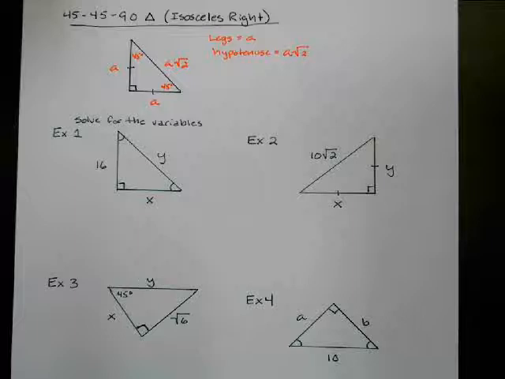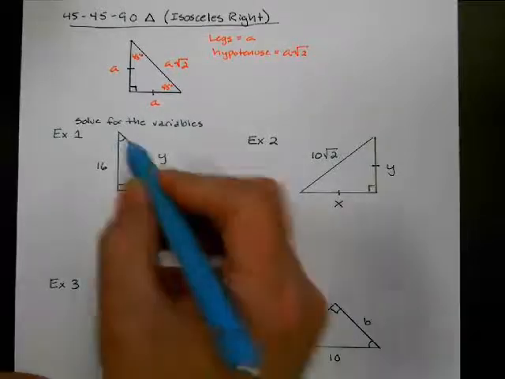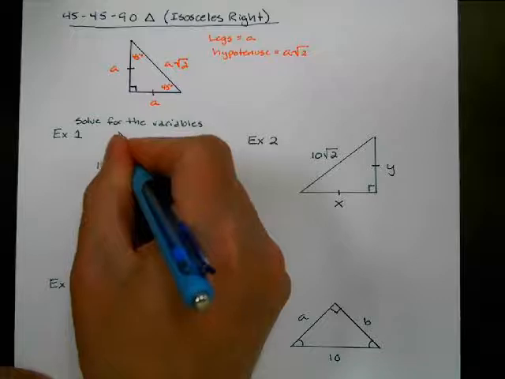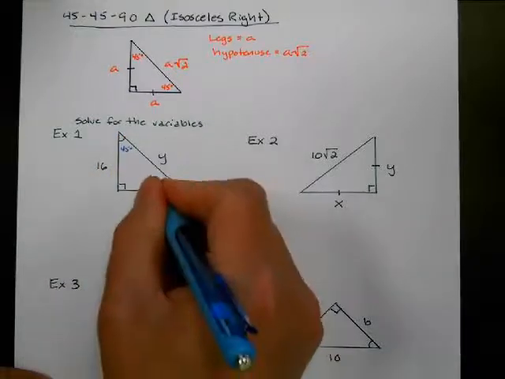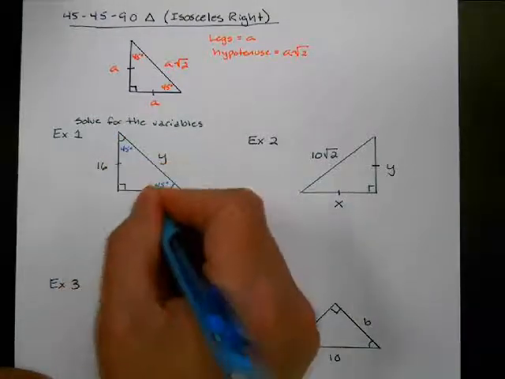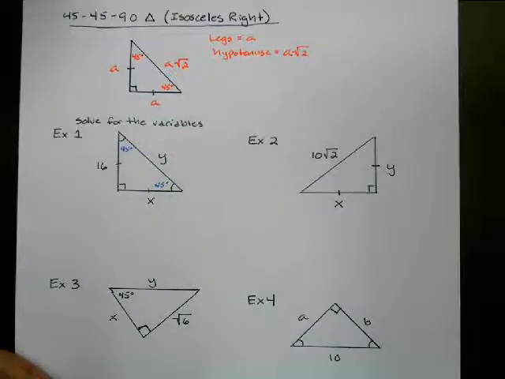So on this one, we notice that these two angles are exactly the same, which means they're both 45 degrees. Using triangle sum, we would be able to figure it out. So that means this is an isosceles right triangle.